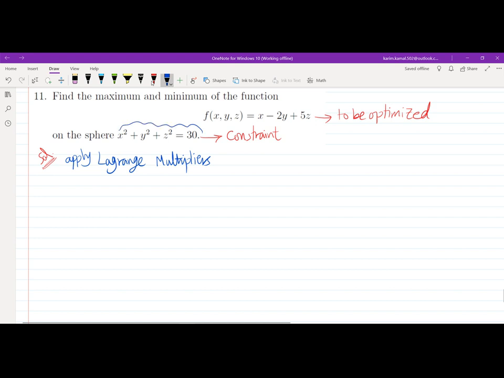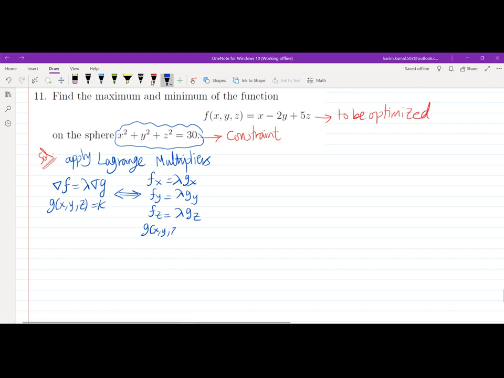We have to start from nabla f equals lambda nabla g according to the function g of x, y, and z equals k, which is exactly equivalent to, like we stated before, fx equals lambda gx, fy equals lambda gy, and fz equals lambda gz according to the function g of x, y, and z equals k.